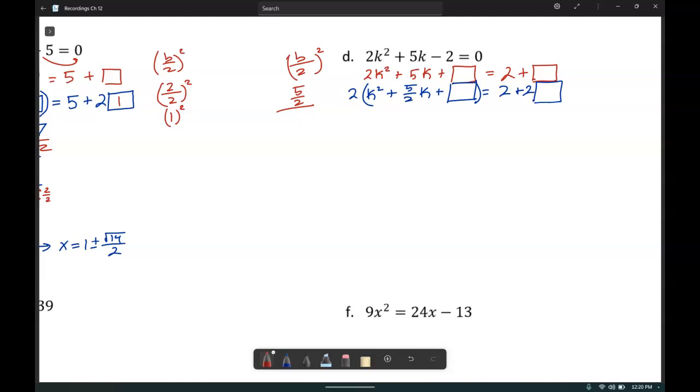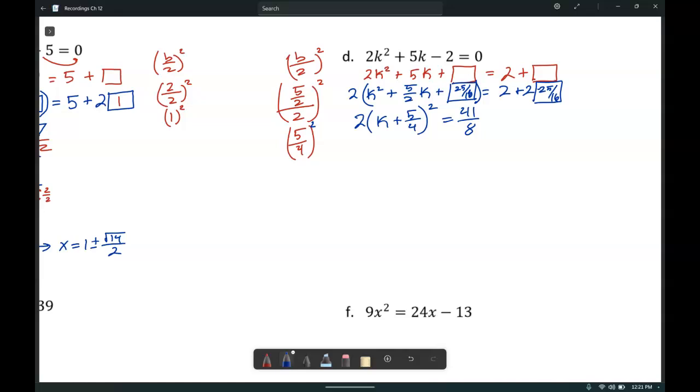So we have 5 over 2 divided by 2, which gives us 5 fourths. 5 fourths squared is 25 over 16. So we put 25 over 16 in both boxes. Now the left side we can factor k plus 5 fourths squared. And the right side adds to be 41 over 8.